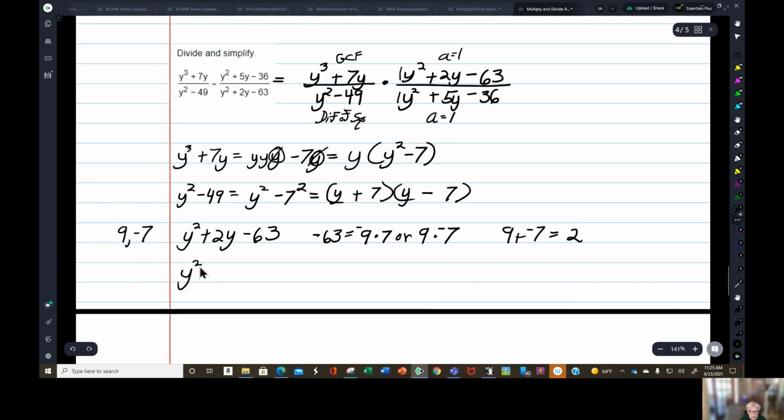Okay, and this one, y squared plus 5y minus 36. 36 is 4 times 9.